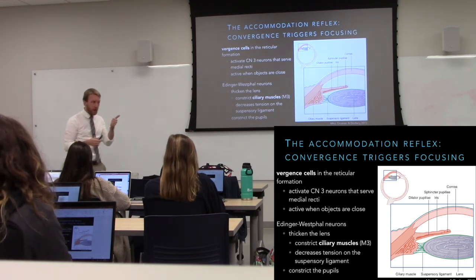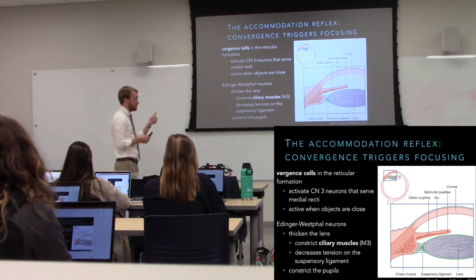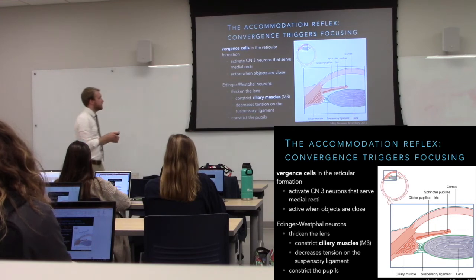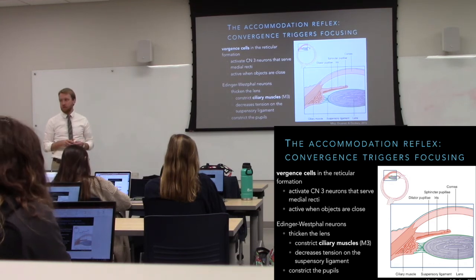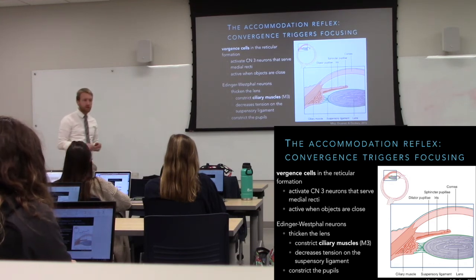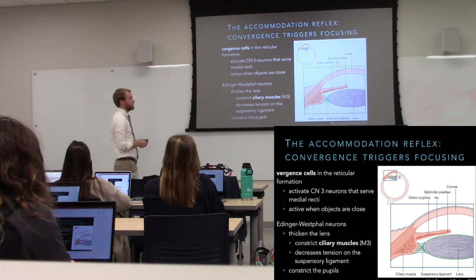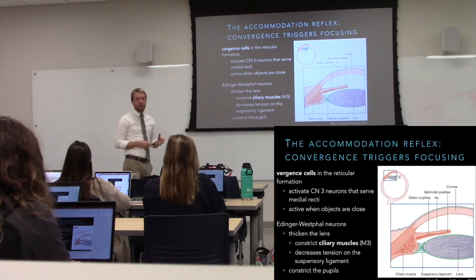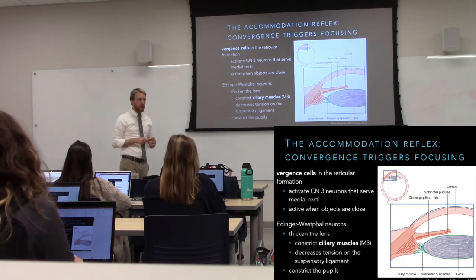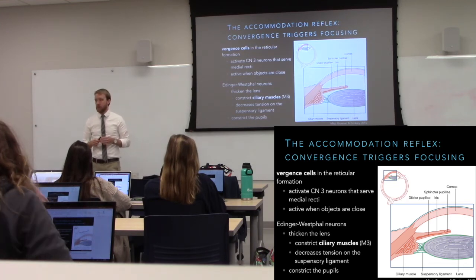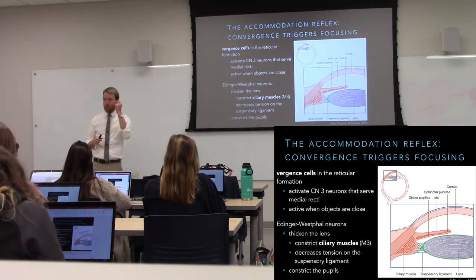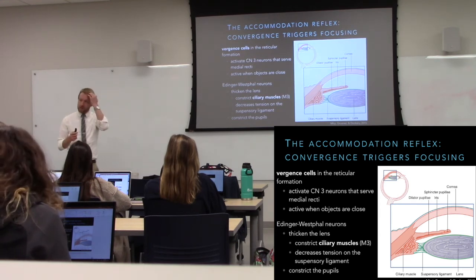The closer the object, the thicker your lens will need to be. The more distal the object, the thinner your lens. And this way we ensure that the object we want to look at is in focus on the retina. It's not being projected too far back or too far forward. So that comes in clear.